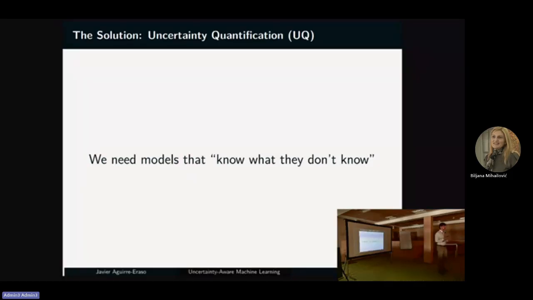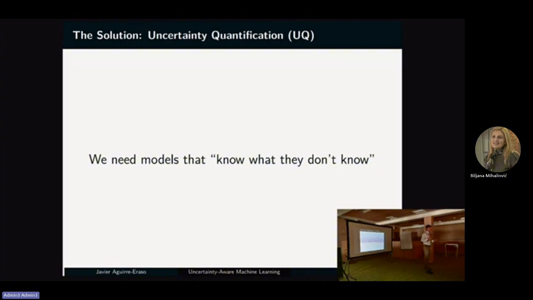But even just measuring how confident a model is not always enough, because let's consider two situations. Imagine we have a machine learning model that reads EEG data and tries to predict whether a patient is going to have a stroke in the next 30 minutes.